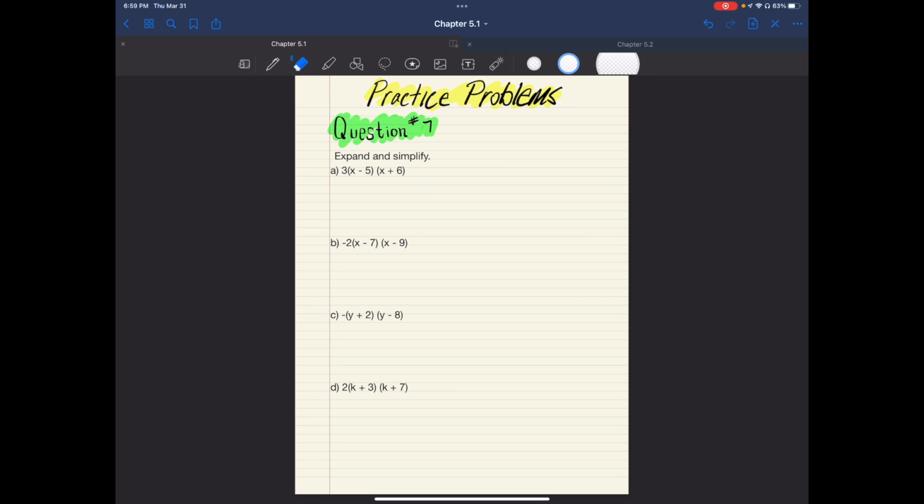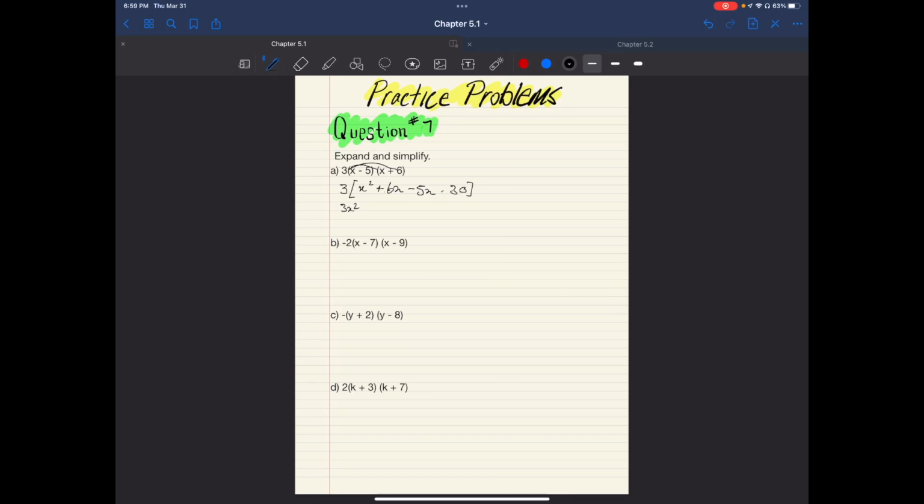So remember that rule. So we don't forget about the 3, we're going to leave it out there, and we're going to do the inside: x squared plus 6x minus 5x minus 30, and then we're going to bring the 3 in, 3x squared.